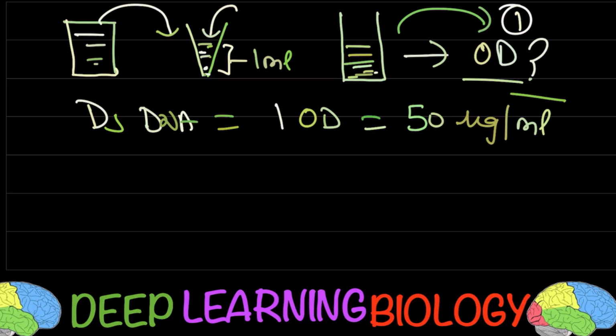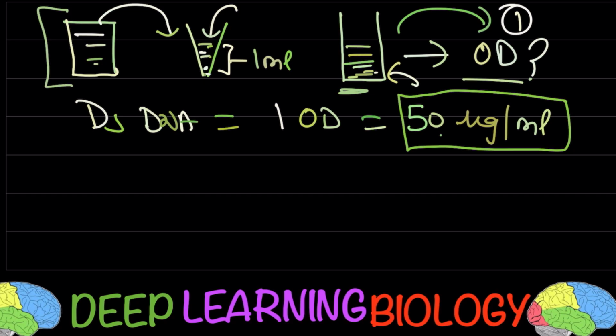This is going to represent the concentration which is present within the cuvette, not of the stock. But we are interested in calculating the concentration of DNA which is present within the stock.